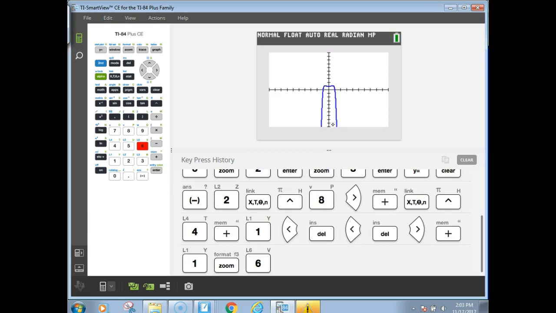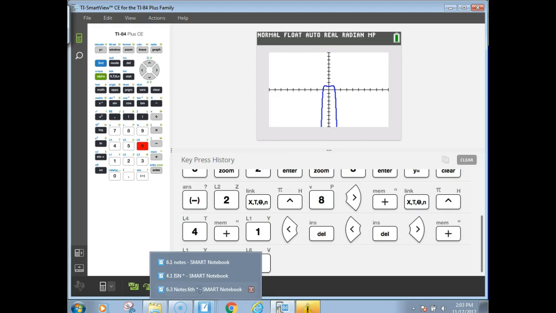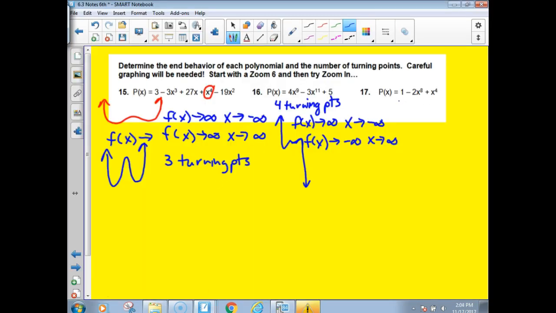Was that an even? And it was open, and the leading coefficient was -2. So I expected it to be down, down. And how many turning points? 1, 2, 3. Okay, should be 3. So this one had 3 turning points.